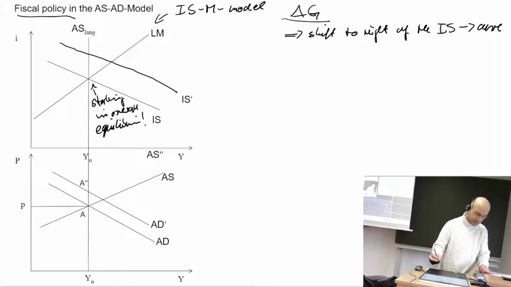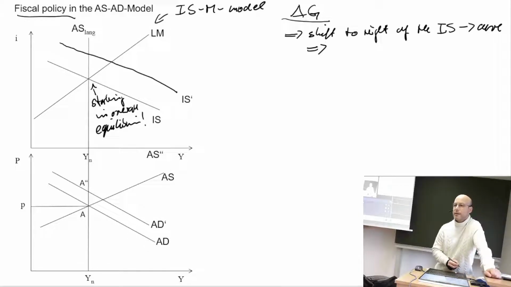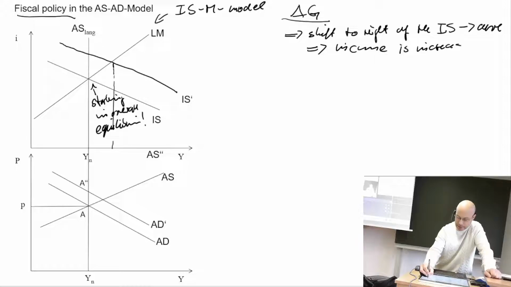But this means that income is increasing. The equilibrium point here is shifting to the right. Income is increasing.